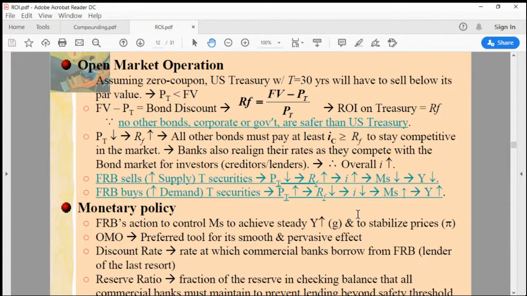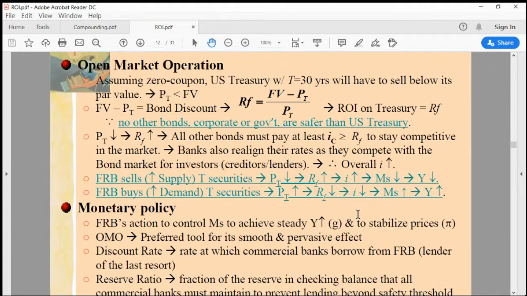And since the safest borrower in the financial market, the biggest player in the market, lowers the interest rate, then all the other corporations or municipal governments can lower the interest rate.